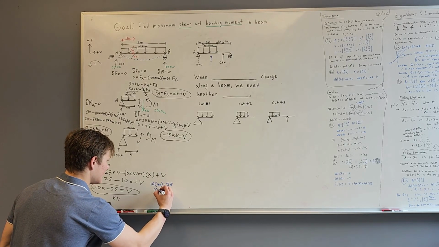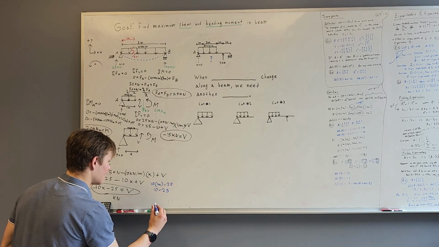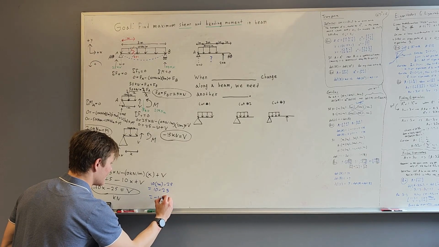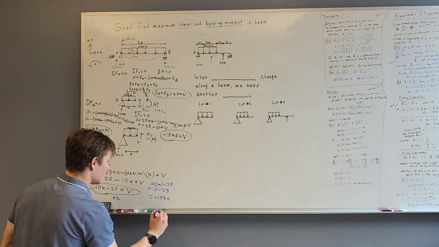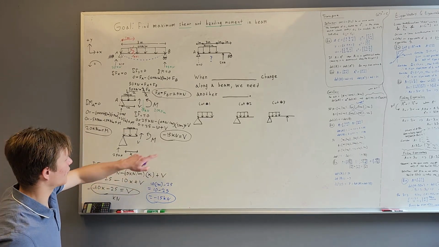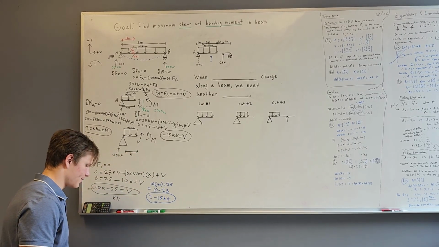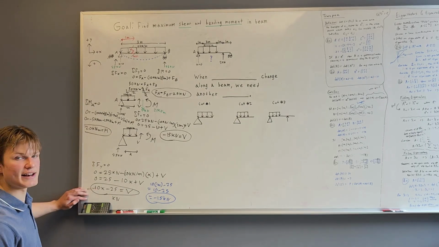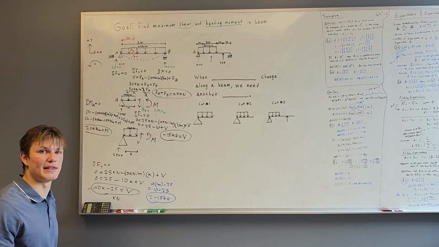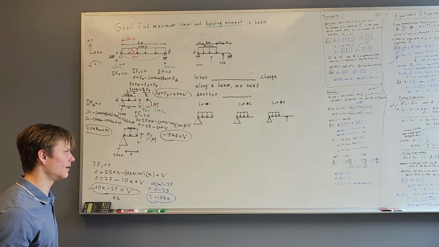You get 10 take away 25 equals negative 15 kilonewtons, which is exactly what we got for our shear last time. So this equation now works at any point along the beam. And this is going to be very useful for finding the maximum shear and maximum moment.